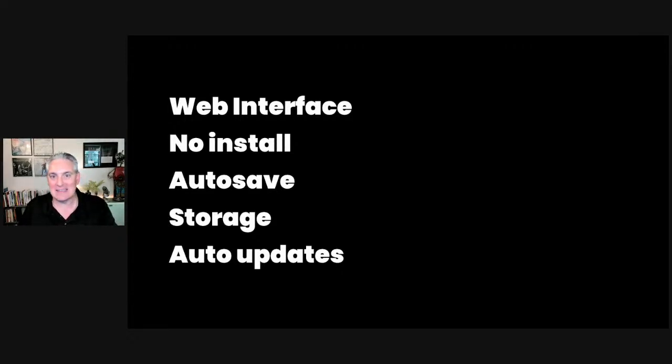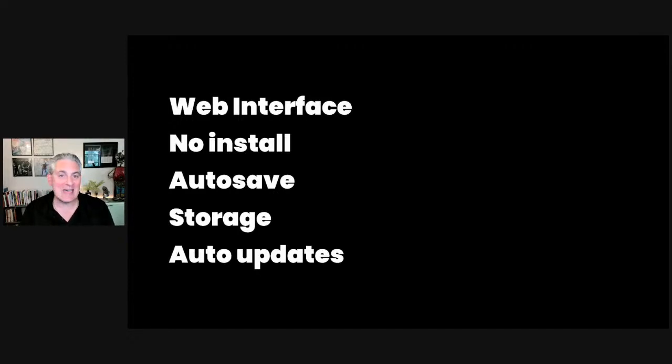And then you finally get that latest version of Captivate that you so desperately need, whether it be an update or a fix to a bug. So no installations, right? It's constantly updated. Autosave. If you work with Microsoft 365, you probably have experienced this where you're working with a document in Word or PowerPoint.